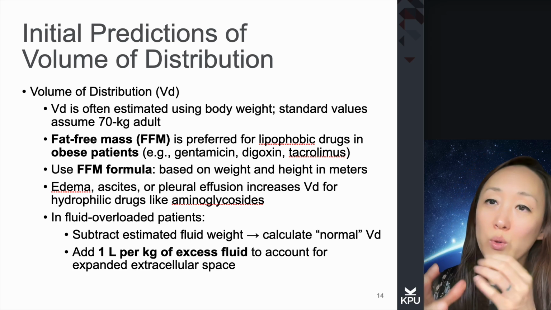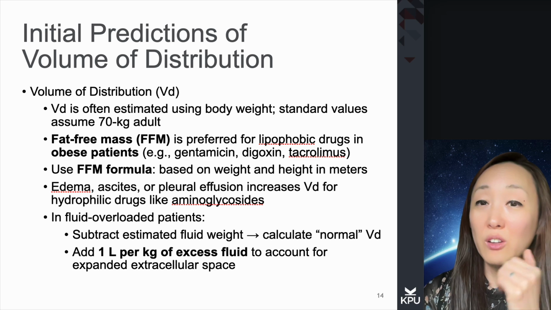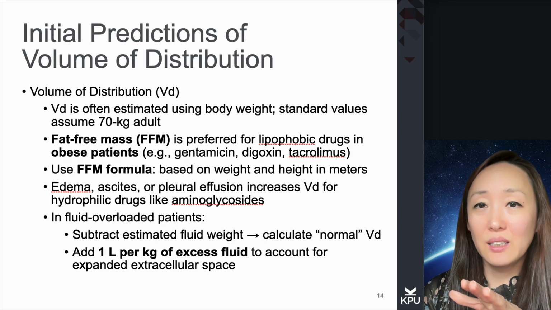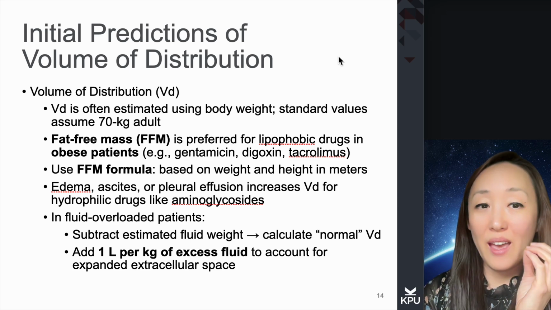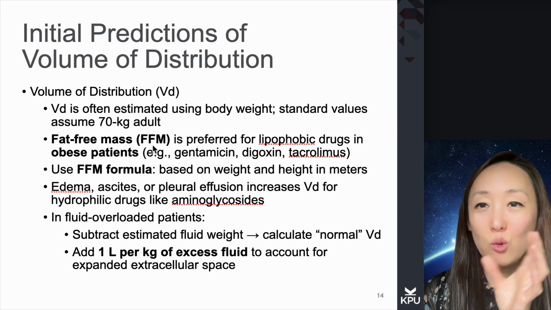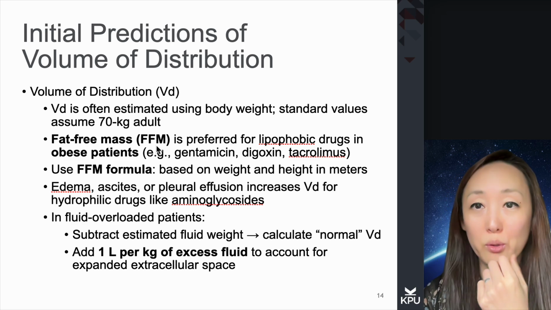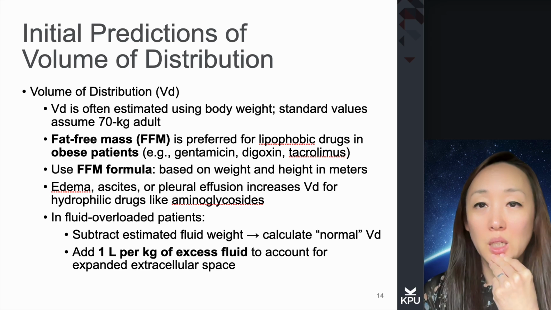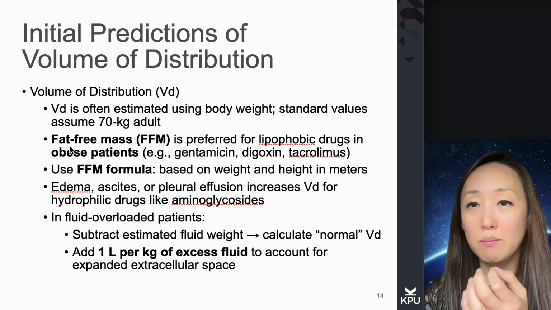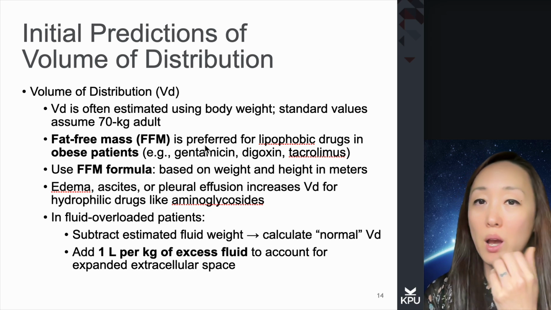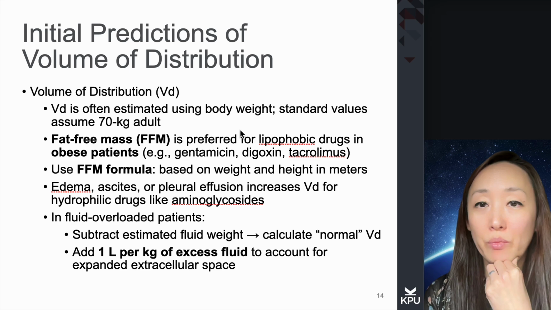And so we end up risking underdosing. And so instead, we need to use fat-free mass, the FFM, which better reflects the lean tissue where the drug will distribute into. So this is what we routinely apply, especially when we're dosing lipophobic drugs like gentamicin for patients that are in ICU.